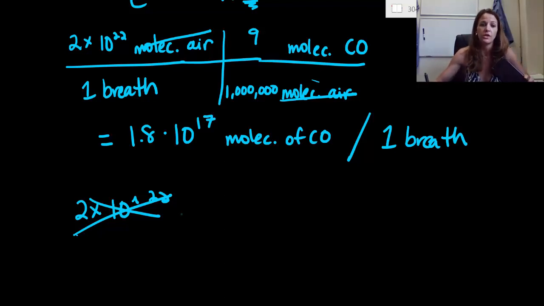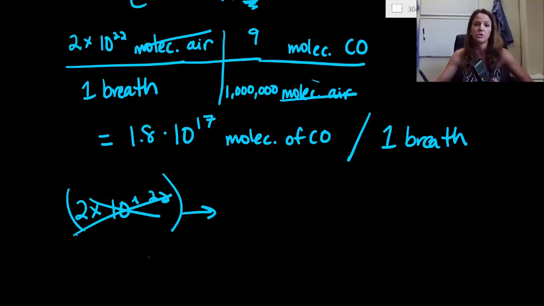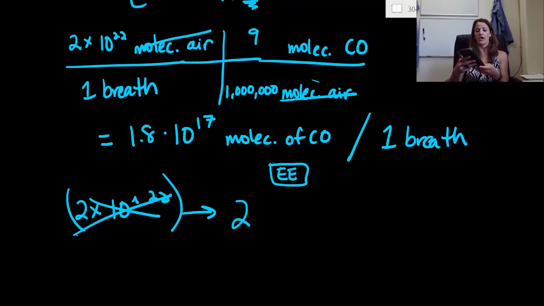What you need to do is type it into your calculator in scientific notation so that your calculator knows this is a set. We want to keep the 2 times 10 to the 22nd together as one number. How do you do that? You do 2, then you use this little button called EE. I typically have to use second EE in order to do that, so let me show you. Here I've typed in a 2.